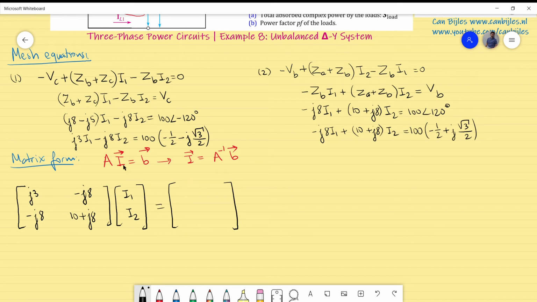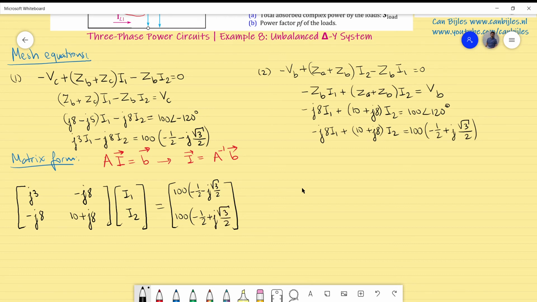On this side, for the vector B, you will have the values for the voltages, so that will be 100 times this one. You have 100 times minus a half minus j square root of 3 divided by 2, and again for the second one, 100 times minus a half plus j square root of 3 divided by 2.